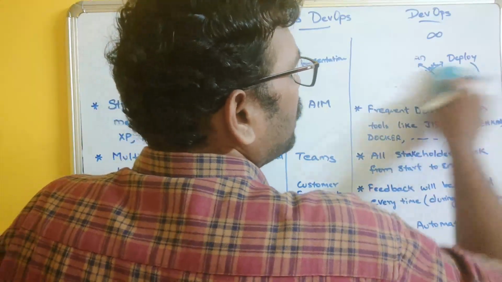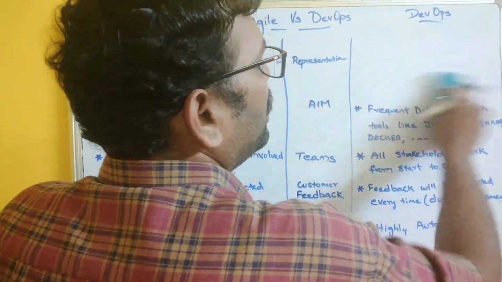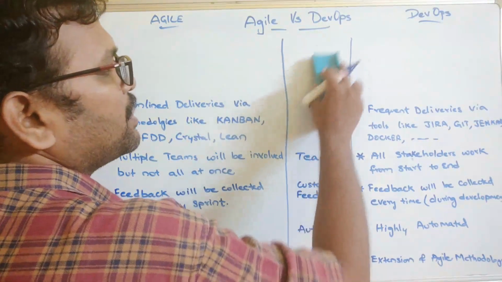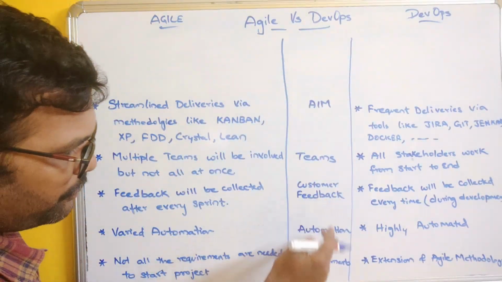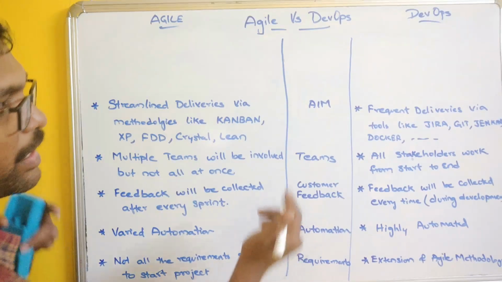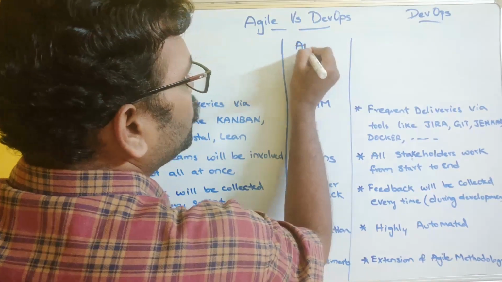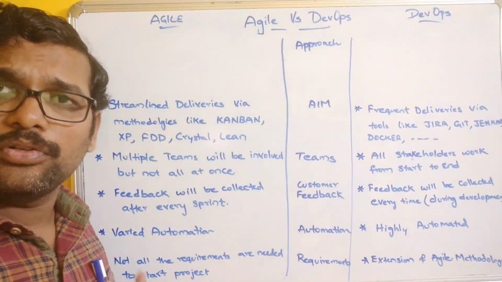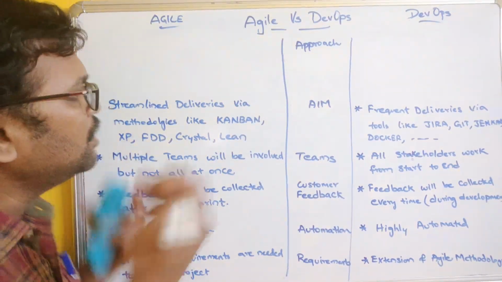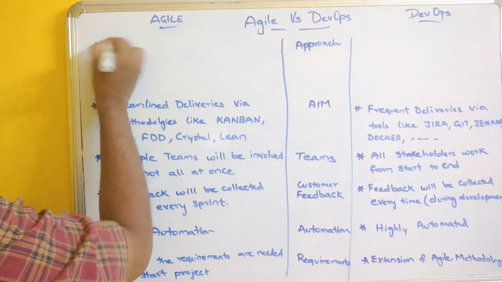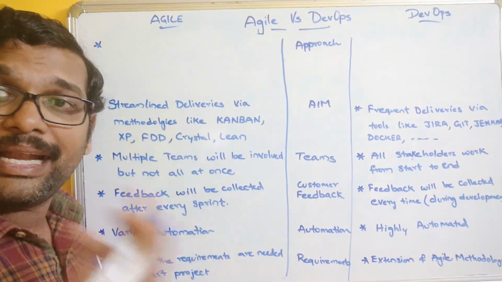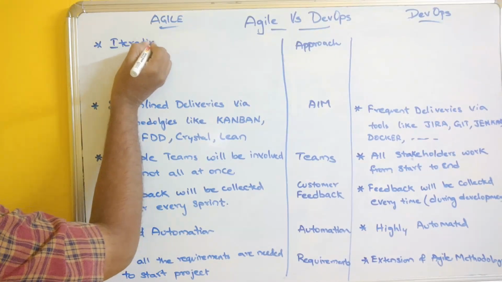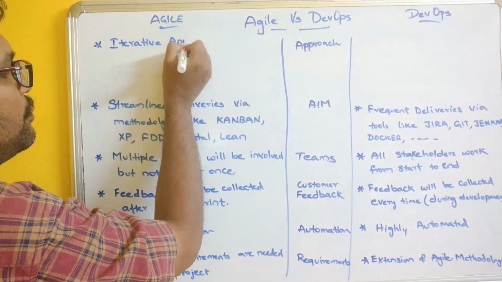Hope you understood so far the differences between DevOps and Agile, right? So representation, feedback, automation, requirements, and then approach. What is the approach followed by the Agile methodology? Just now we said that it is an iterative process. So it follows the iterative approach.